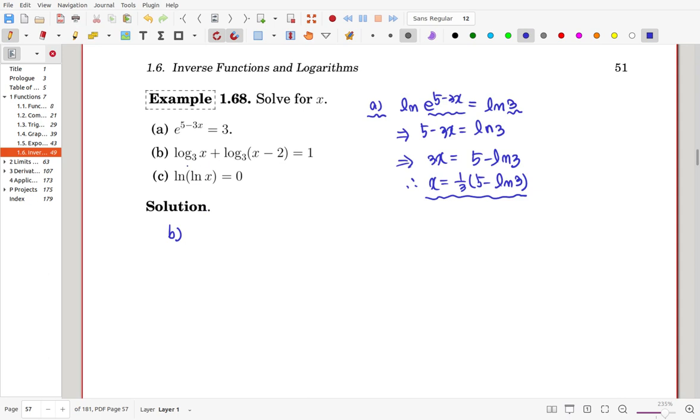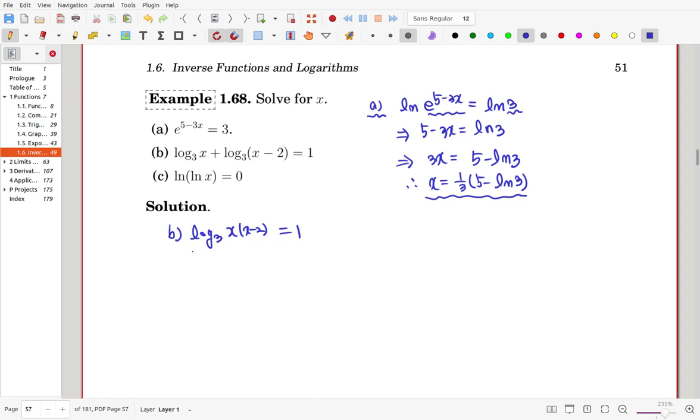Okay. Now for that one, the bases are the same, so we can use the product rule. The left-hand side will be log base 3 of x times x minus 2, and that equals 1. We may try to apply 3 to the x on both sides.